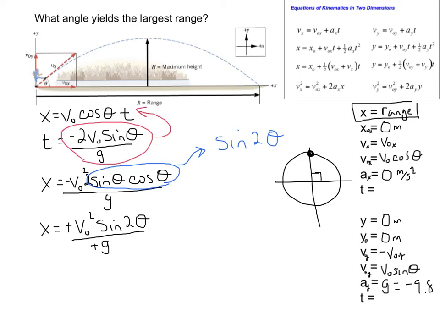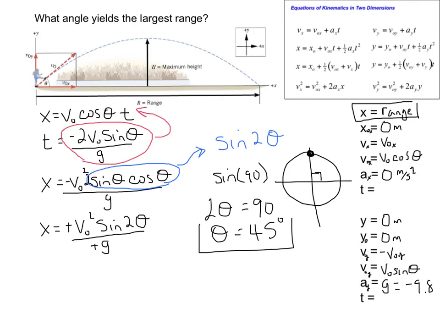So what does that mean? Well, that means we simply want the 2 theta to equal 90 to maximize our range, or our value for that sine value. So 2 theta must equal 90, so theta equals 45 degrees.